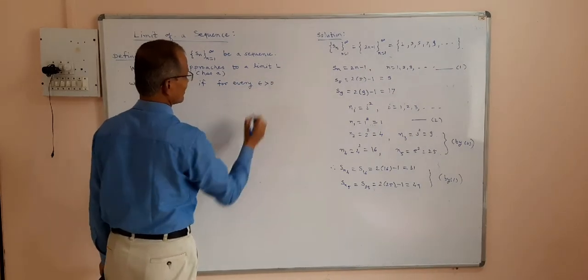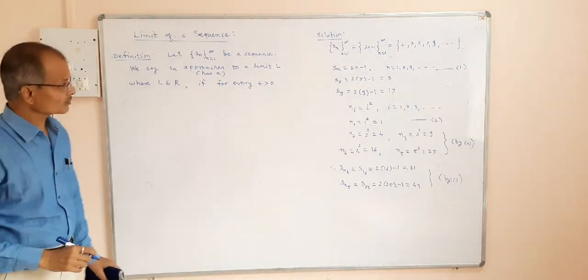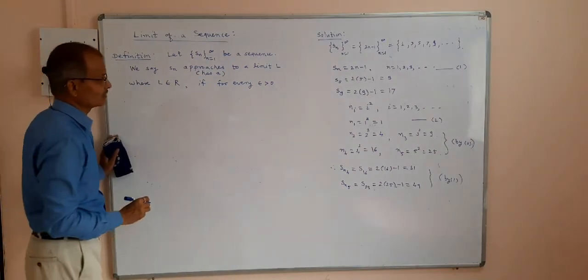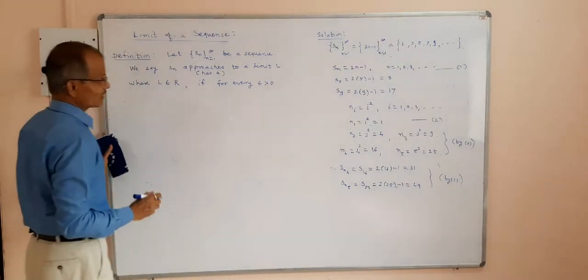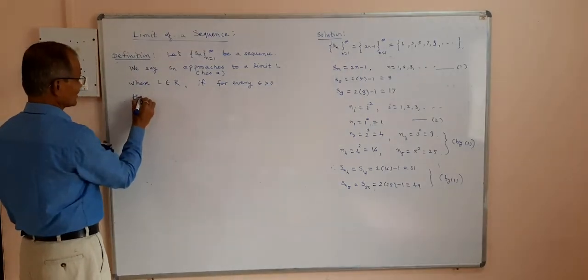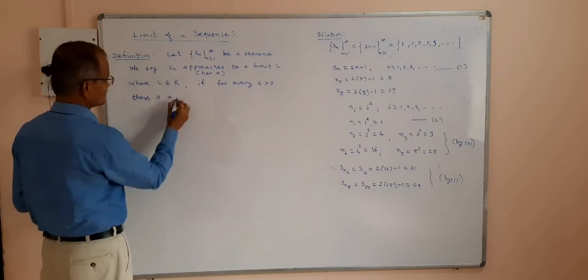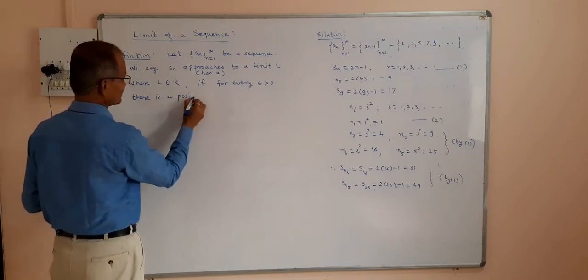For every, or any, epsilon, a Greek letter, a small positive real number, greater than 0, there exists, or there is, a positive integer n.